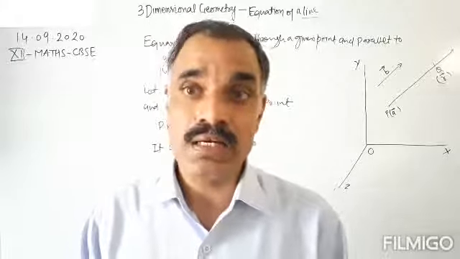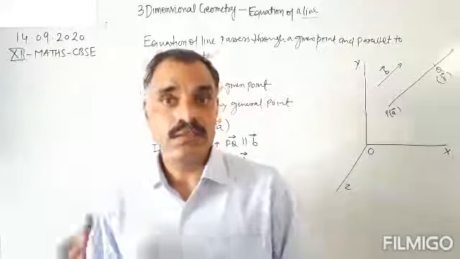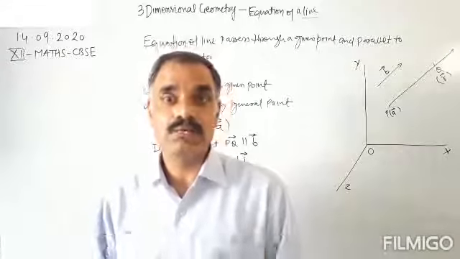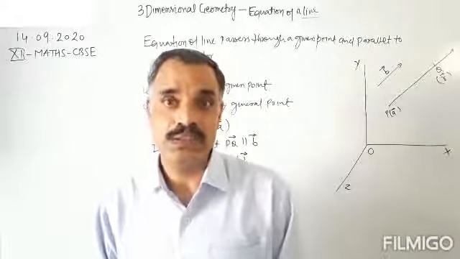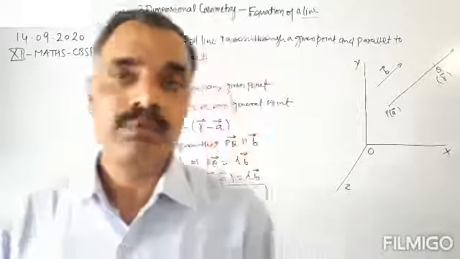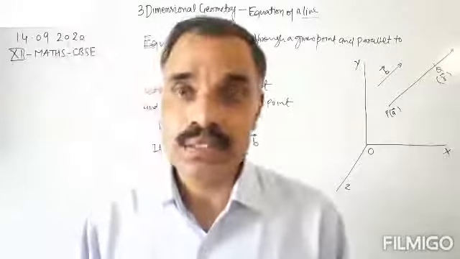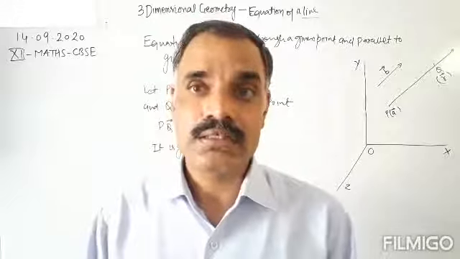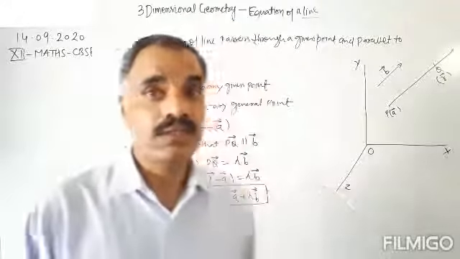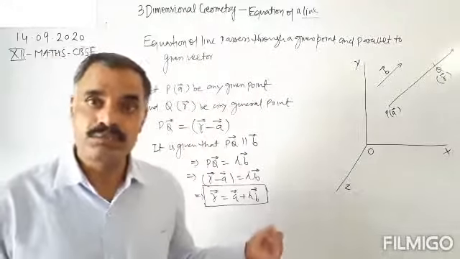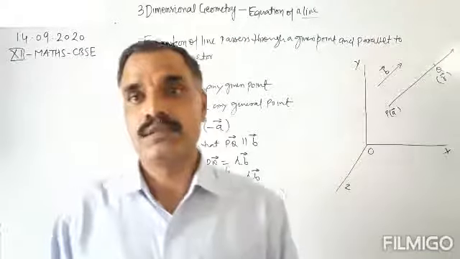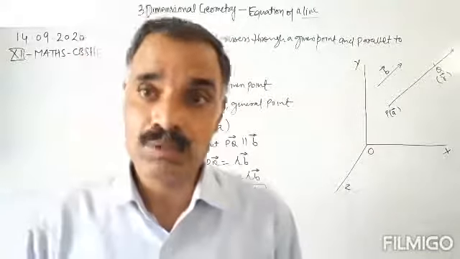Now, as we are studying three-dimensional geometry, we have two approaches here: the vector approach as well as the Cartesian approach. This is the vector approach, meaning this is the equation of the line in vector form.